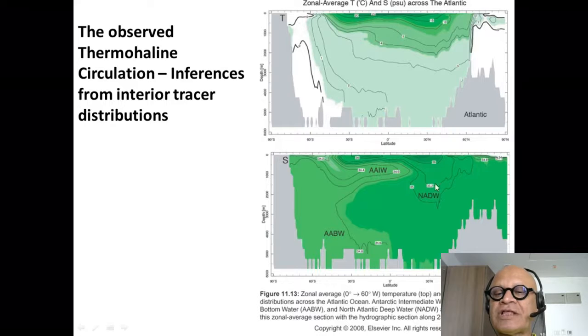For example, the North Atlantic deep water inundating the southern part of the Atlantic Ocean all the way into the Southern Ocean and crossing the equator. The Antarctic intermediate water riding on top of it, crossing the equator as well. This is at about 1 kilometer deep. This is occupying the space between 2 kilometers down all the way to the bottom.